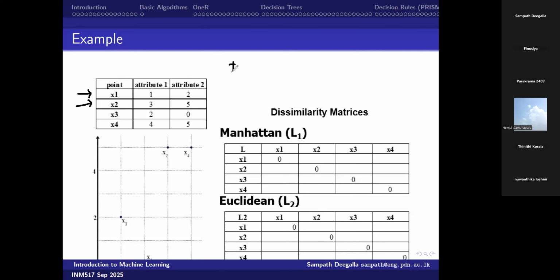We say D, L1, that means Manhattan distance between x1 and x2. Let's take these two instances.